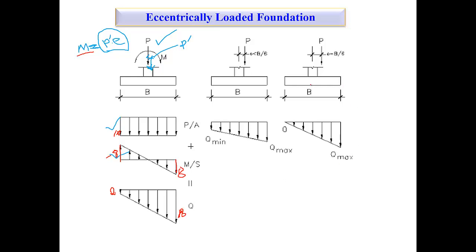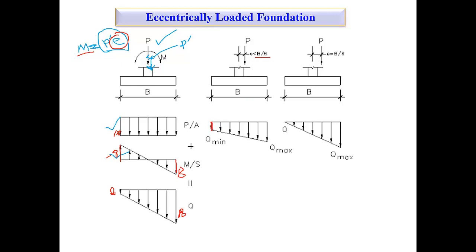So in a similar way, when you find that E distance, because the only parameter changing the moment value here is E, since P is fixed, if you find that the E value is less than B by 6, you will find the minimum stress is this much.